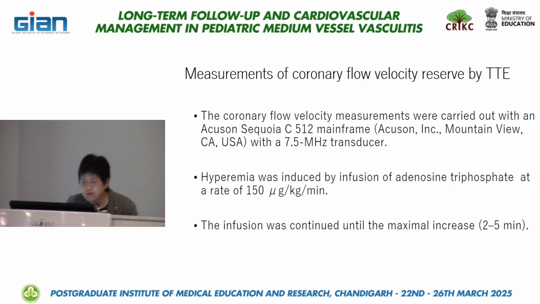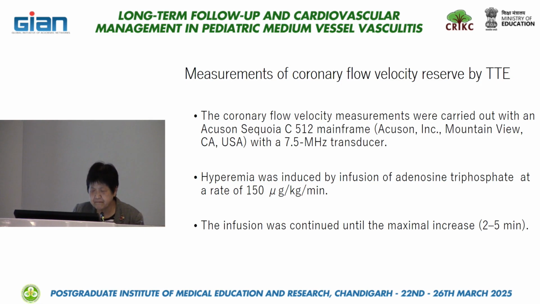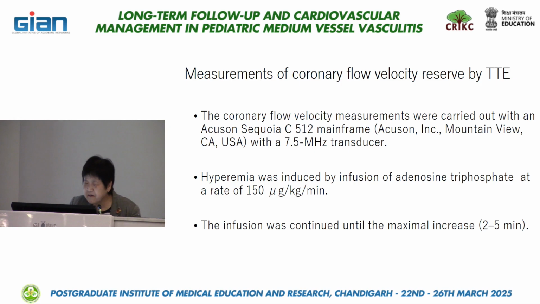Measurement: the coronary flow velocity measurements were carried out with a Sequoia mainframe with a 7.5 MHz transducer. Hyperemia was induced by infusion of adenosine triphosphate at a rate of 150 microgram per kilogram per minute.